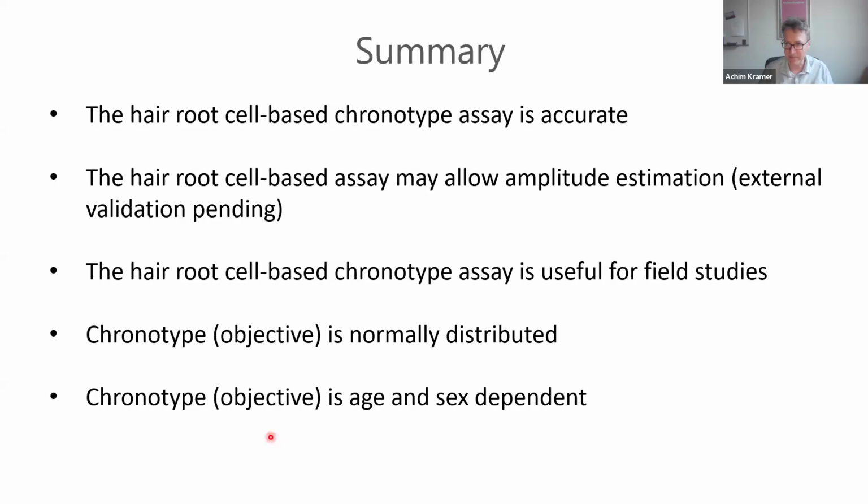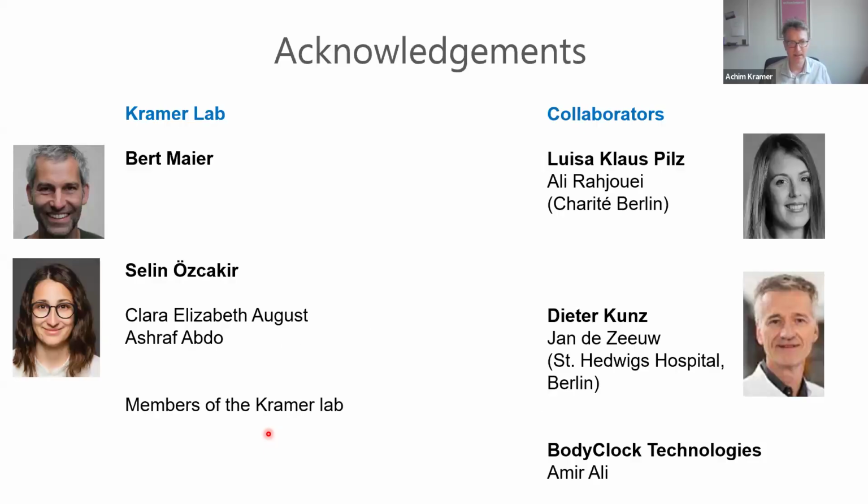On the sampling times, there were studies from Martha Merrow when she was still in Groningen, also implying that there's a difference between weekdays and weekend days. But we also saw it here. So my take-home message is chronotype or phase of entrainment is a state and not a trait.